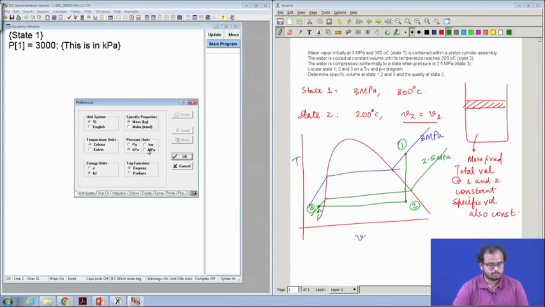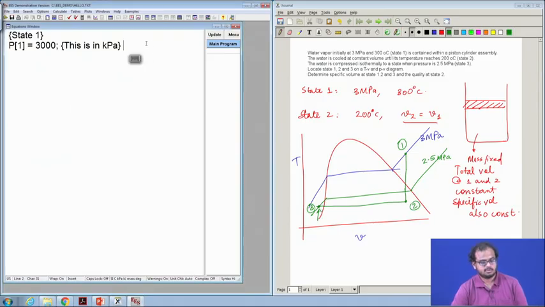If we choose the pressure to be megapascal, we can directly write here 3, but right now it stands at 3000 kilopascal, and the temperature is given as 300 degrees Celsius. Now, state 2 is simply T2 is given to us as 200 degrees Celsius, and the only other information that we know is V at 2 is equal to V at 1.